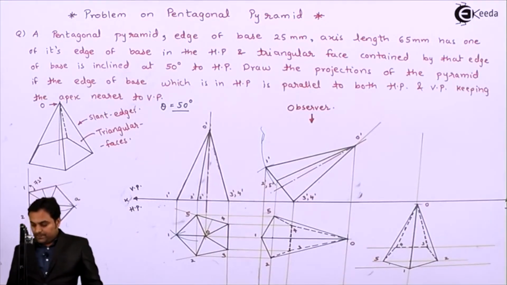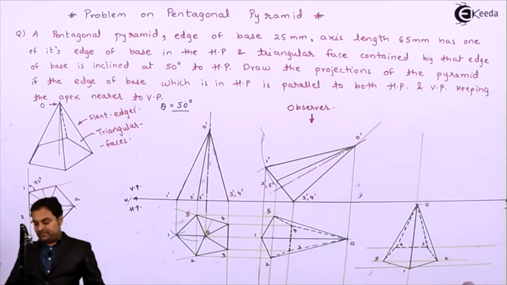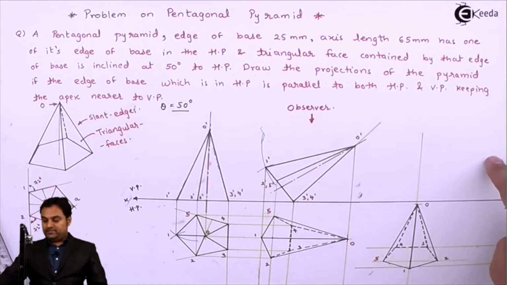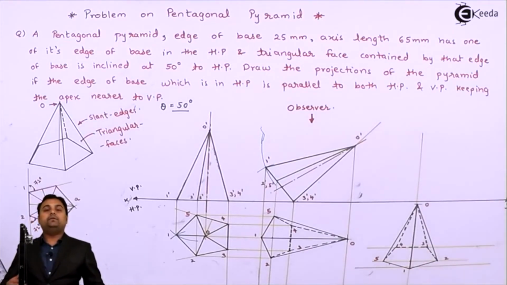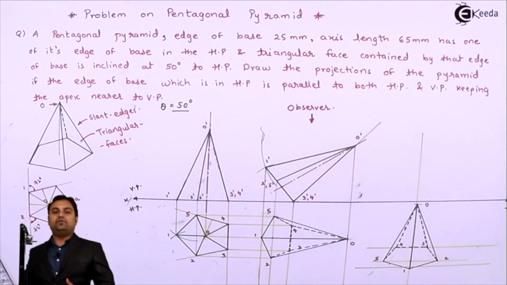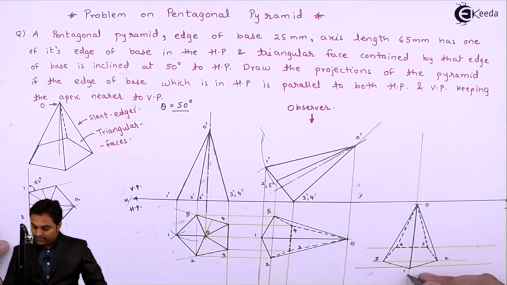So this is the top view of the pyramid when it is tilted in such a way that this edge 3 to 4 is parallel to VP and apex is nearer to VP. It means it is far away from the observer. So observer is there at the bottom.